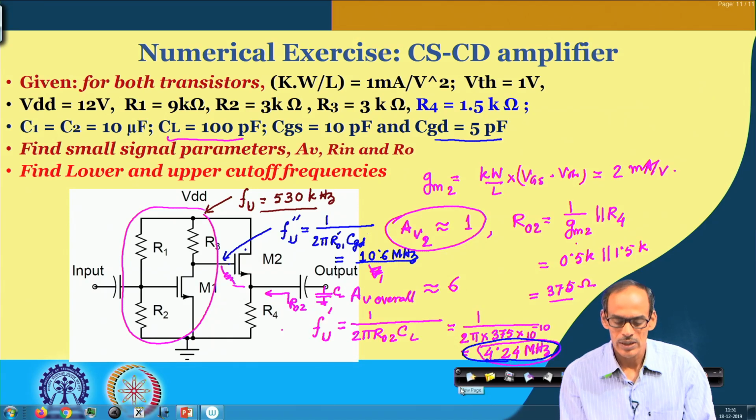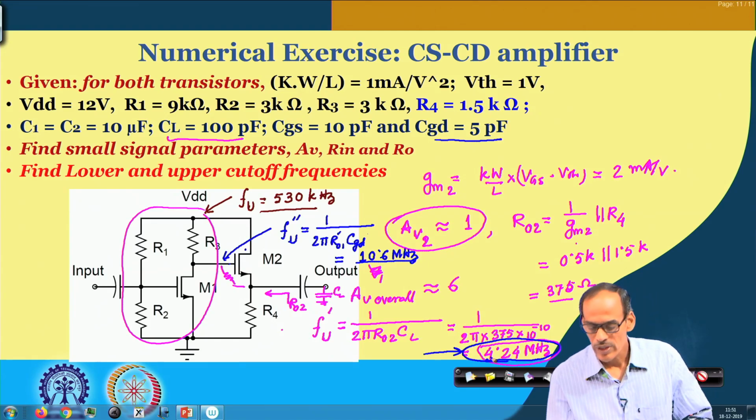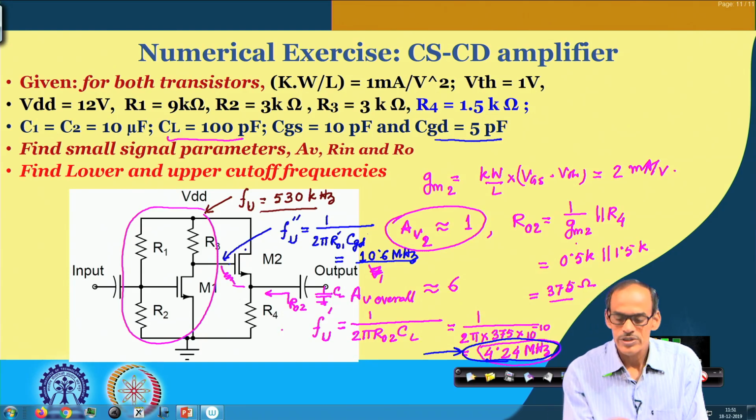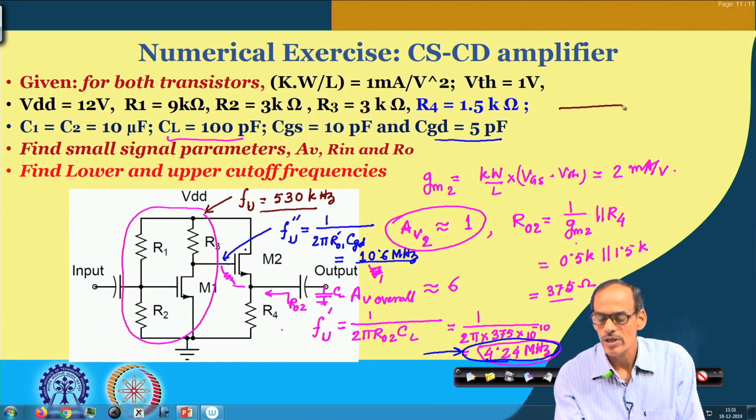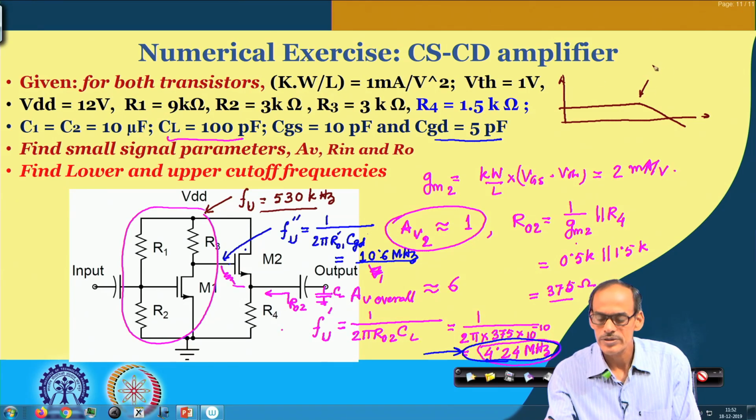Now, if I compare these two poles together, of course, this is lower. So, the net upper cutoff frequency is 4.24 megahertz. So, here also the same conclusion: originally the CS common source amplifier had a gain of 6 and an upper cutoff frequency of 530 kilohertz.